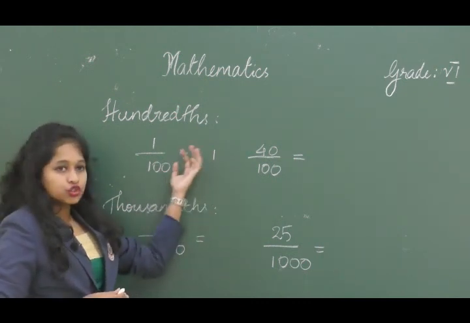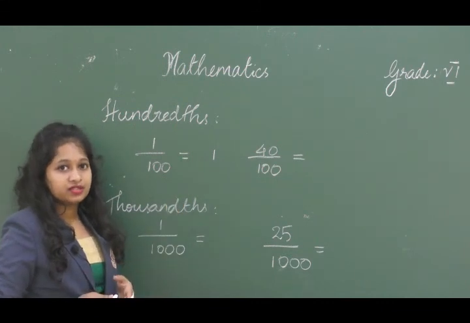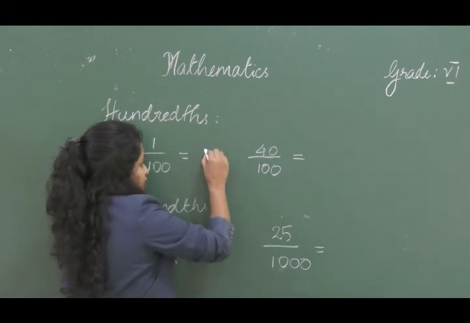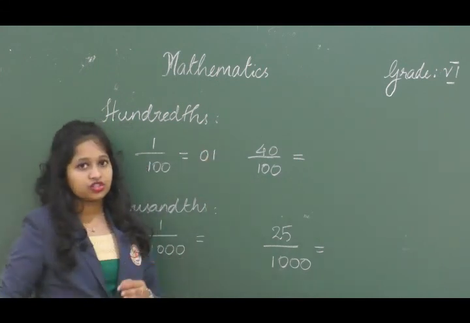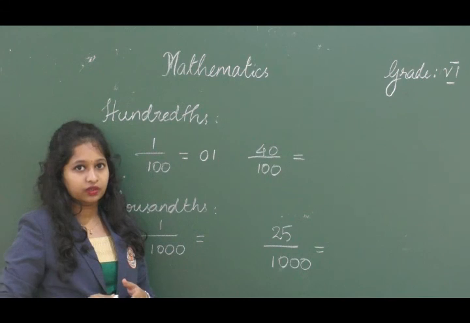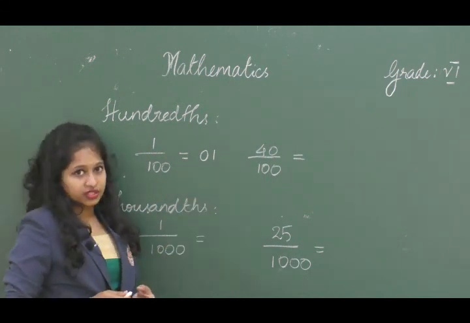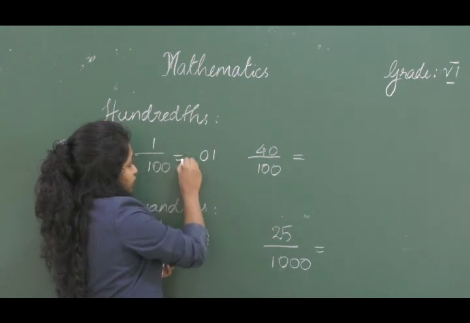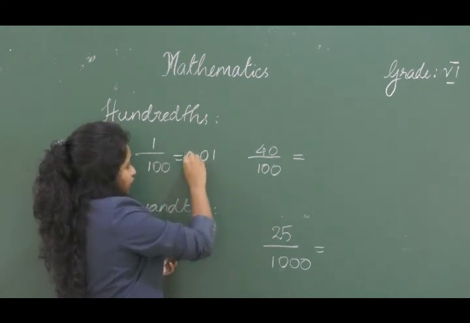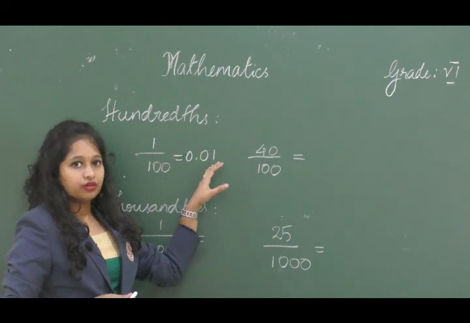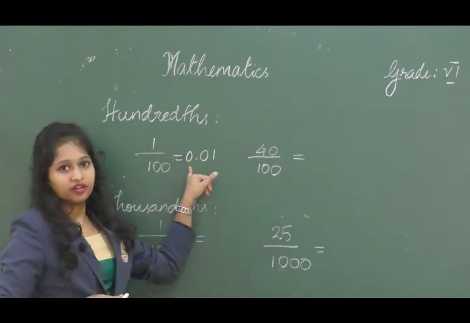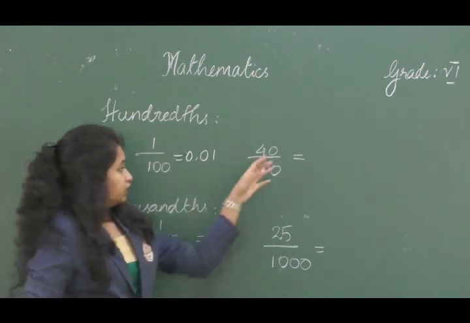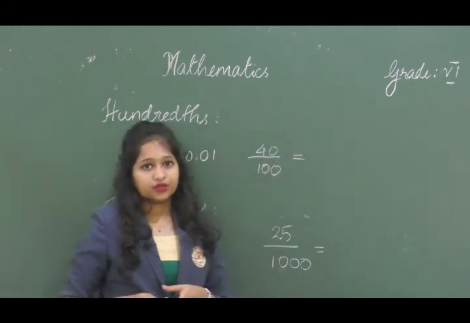So after 2 digits we have to place the point. So if you place a 0 here, there is no change. 0, 1 is equal to 1. Now we got 2 digits. So we can place the point here and put 0 here. So this is read as 0.01.